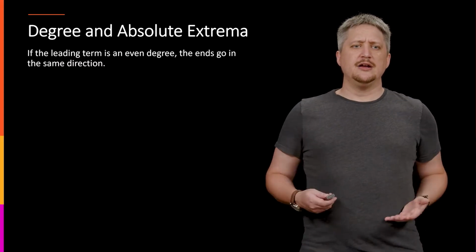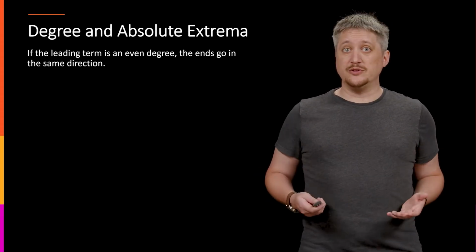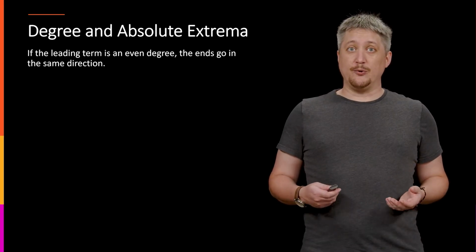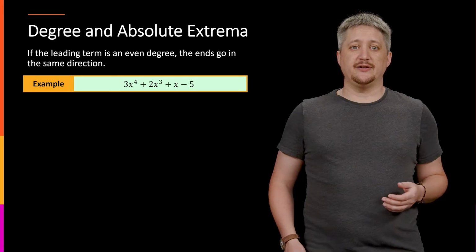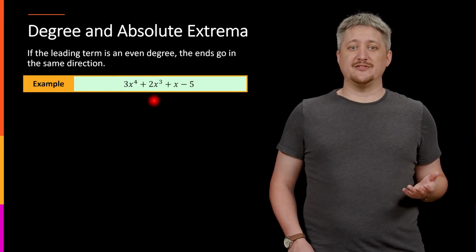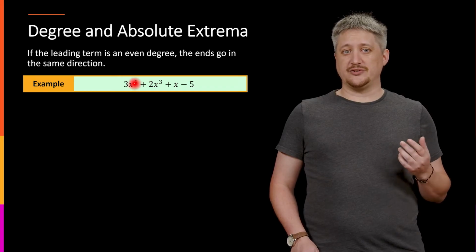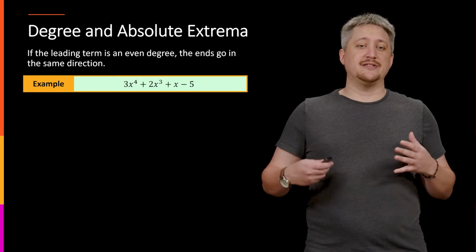All right, so if the leading term is an even degree, meaning the polynomial is an even degree, the ends are going to go in the same direction. They both get large and positive. For example, if we have some function here and we don't know anything about it except that it's degree 4, because the leading term, 3x to the 4th, is even, that's the only thing we know.